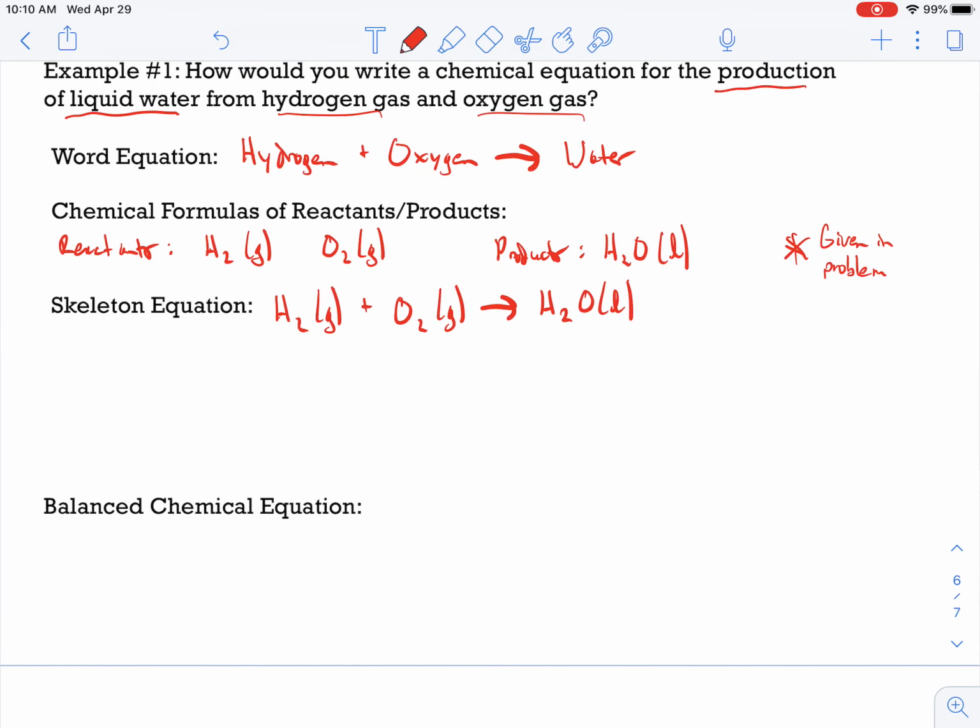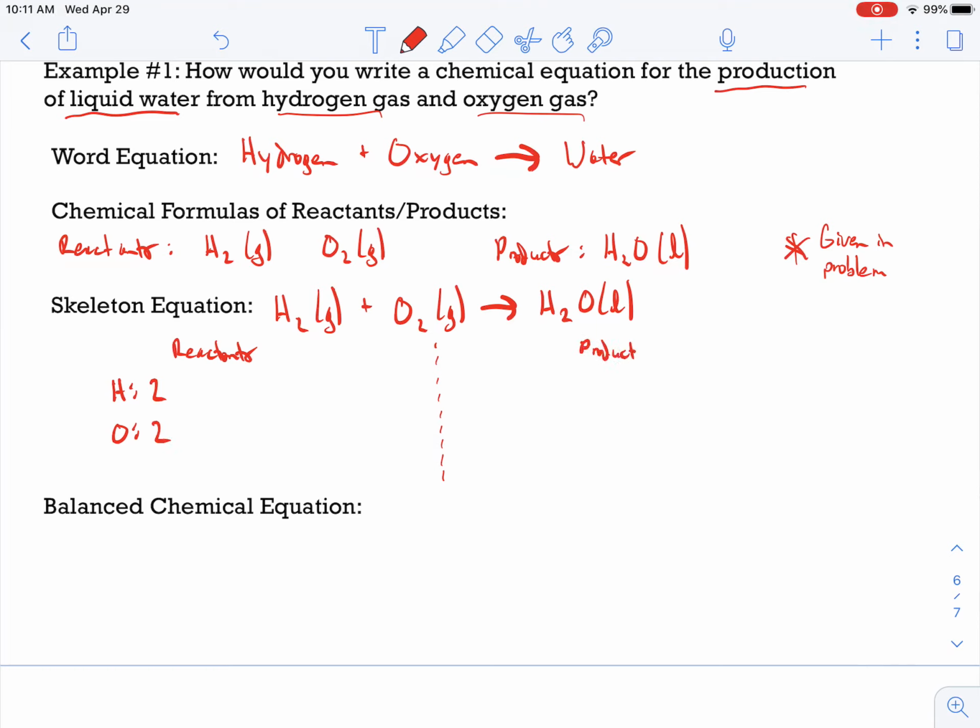So we know that on our reactant side, hydrogen and oxygen are going to be our 2 elements here. And we can count based upon the subscript. We know that hydrogen is going to have 2 atoms. Oxygen is also going to have 2 atoms on the reactant side.